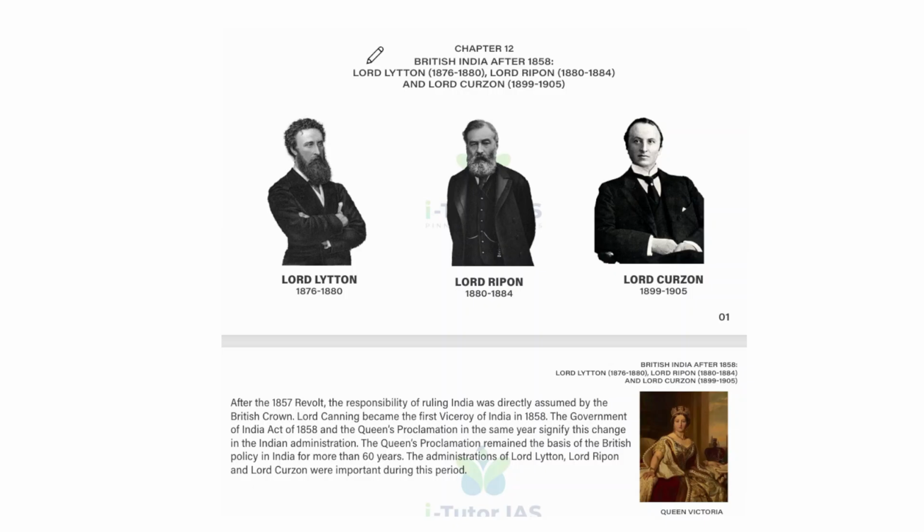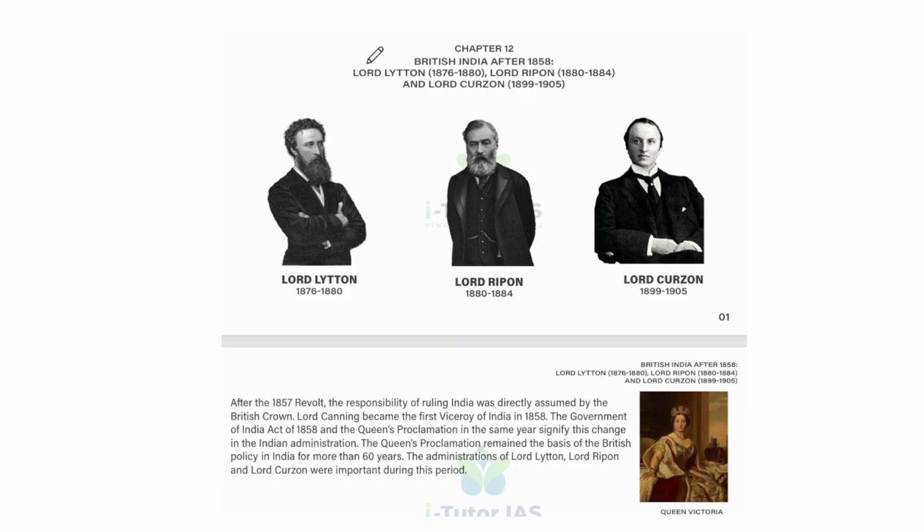The Board of Control and Court of Directors are there, and the Viceroy. Of course, Lord Canning was the first to hold this title, Viceroy. And the Secretary of State: a new office, the Secretary of State for India, was created in London to oversee Indian affairs. This official was a member of the British cabinet and was assisted by a 15-member Council of India.